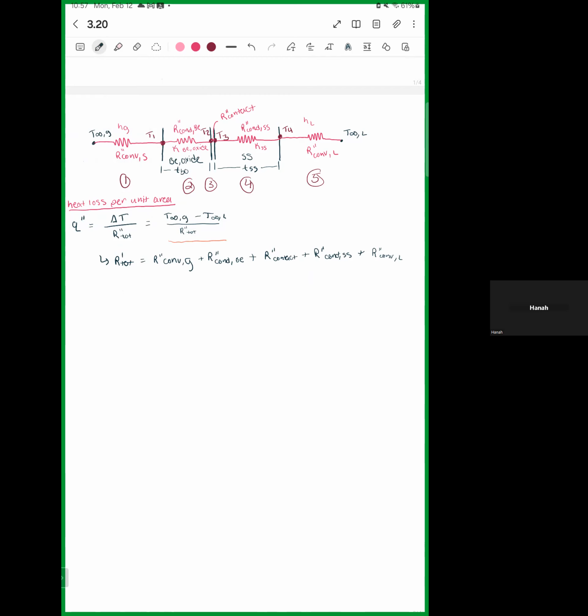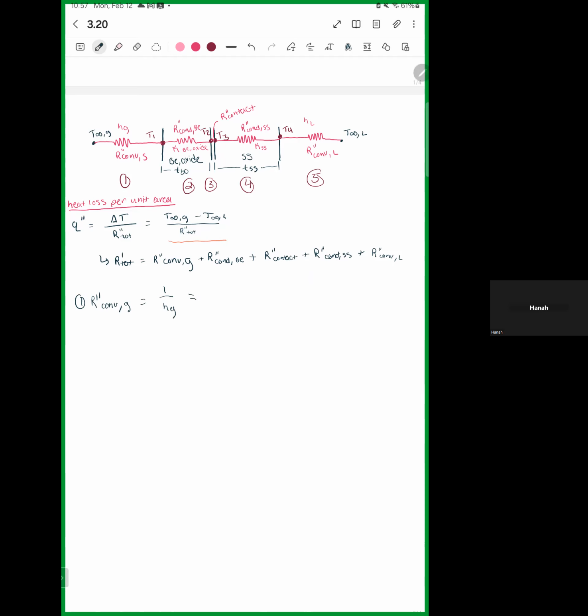So to solve for the first one, for number one, we have R double prime of the convection on the gas side. And from the equations that we saw before, that just equals 1 over hg, which is the convection coefficient for this gas.